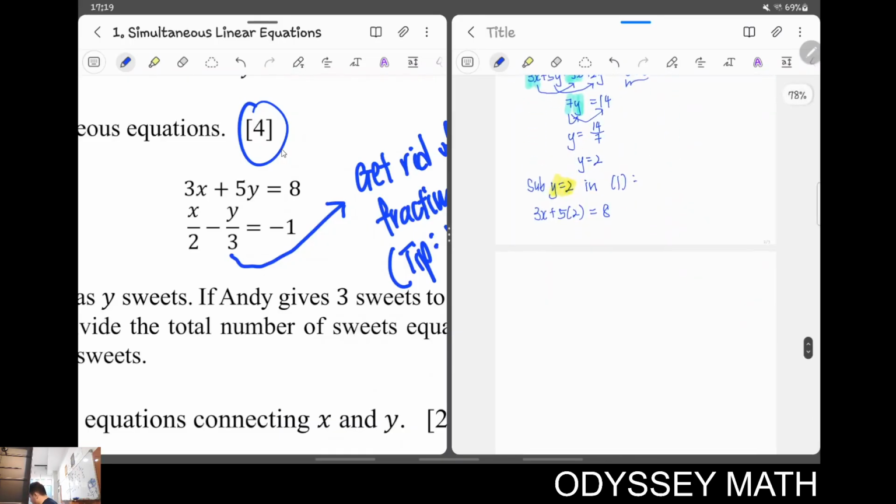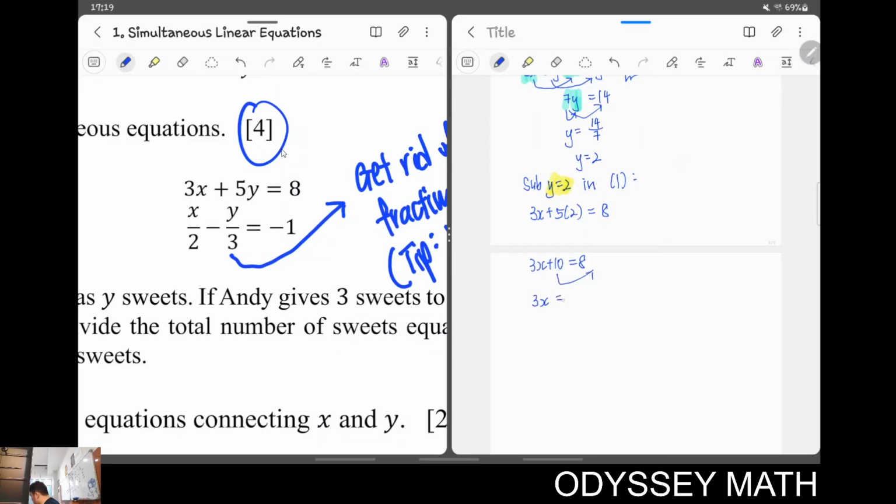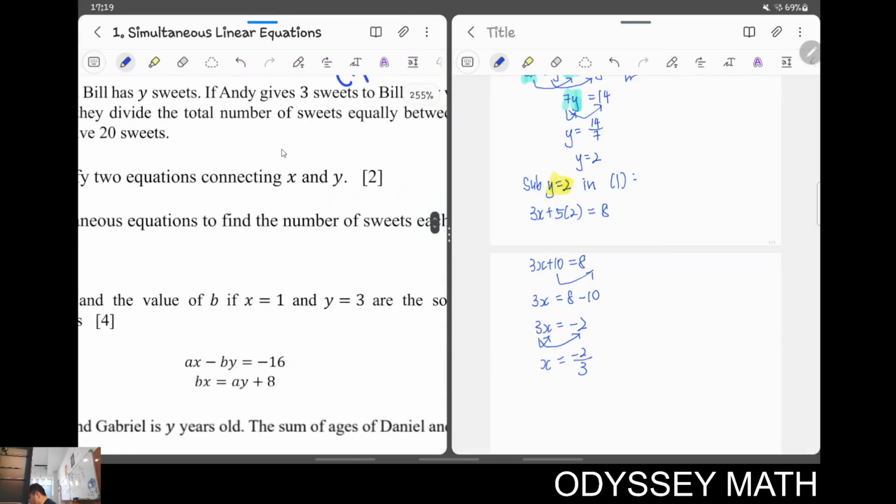Okay. Now 5 times 2 is 10. Now 10 bring over, change the sign. So 3x equals 8 minus 10, which is minus 2. So this is 3 times x, right? Bring it over, become divide. So x equals minus 2 over 3. Got it? So that's the answer for question number 2 over here.